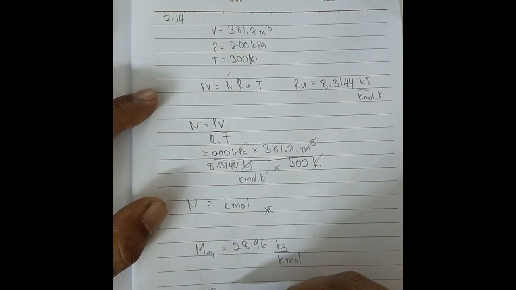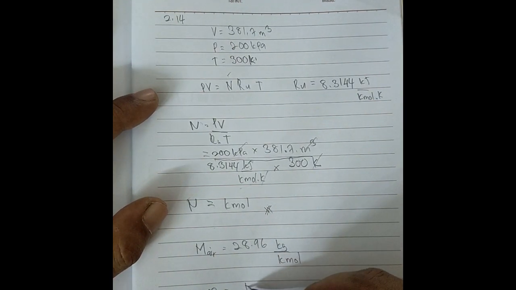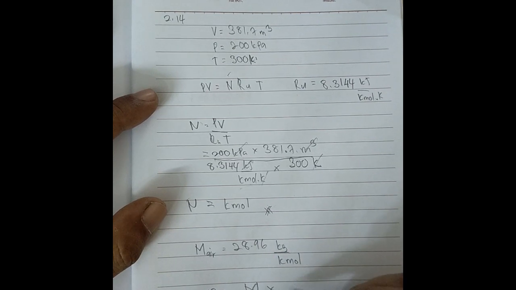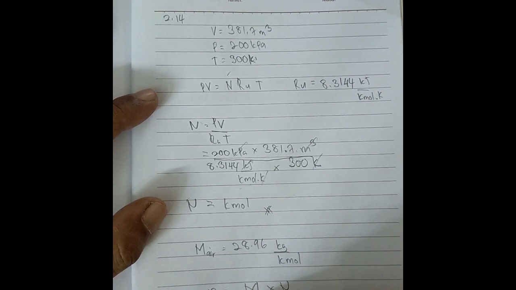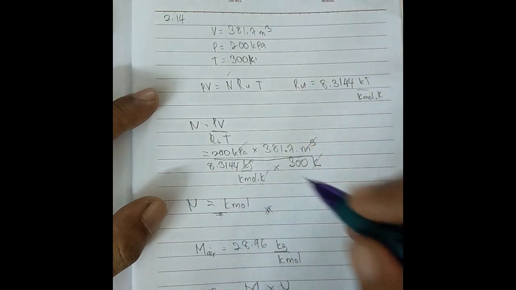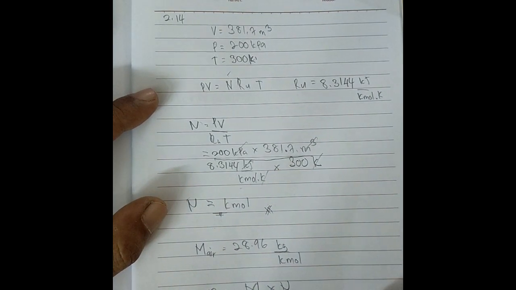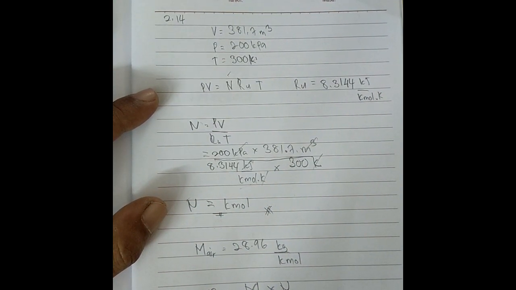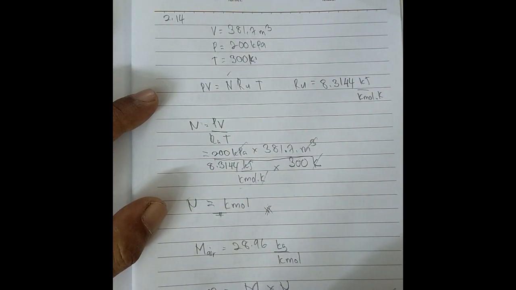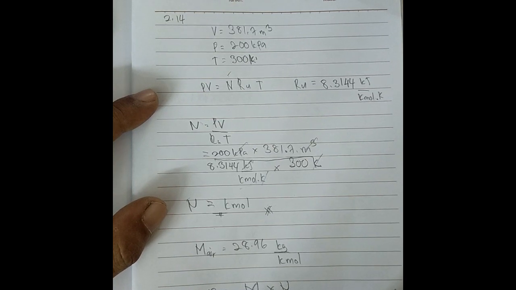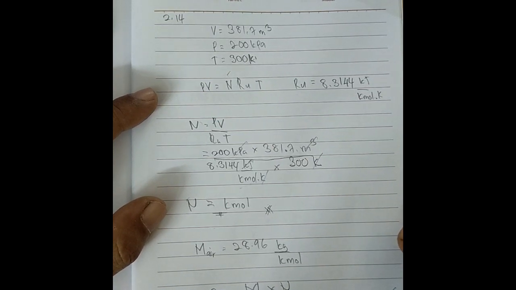So mass of air is M times n, 28.96 kg per kmol times the number of kmol. So you got your answer in kg.